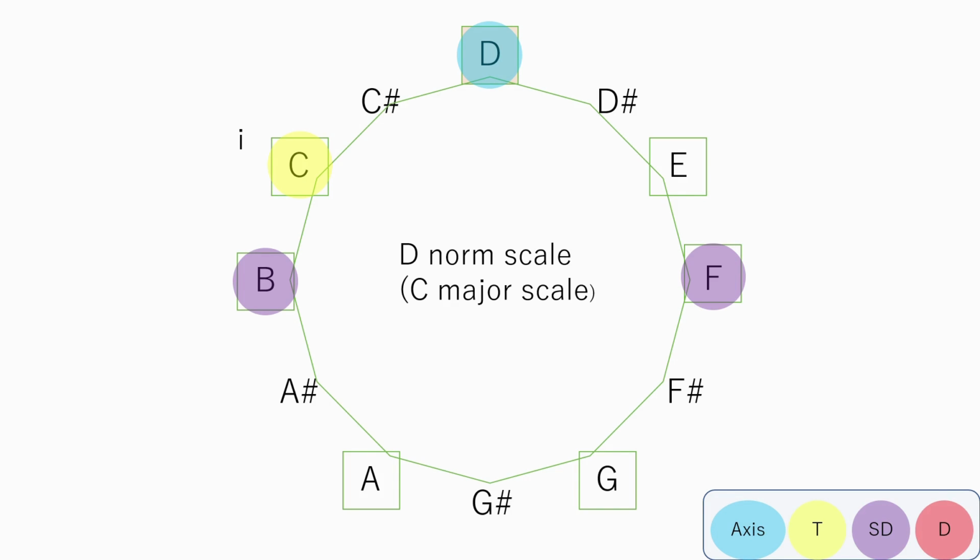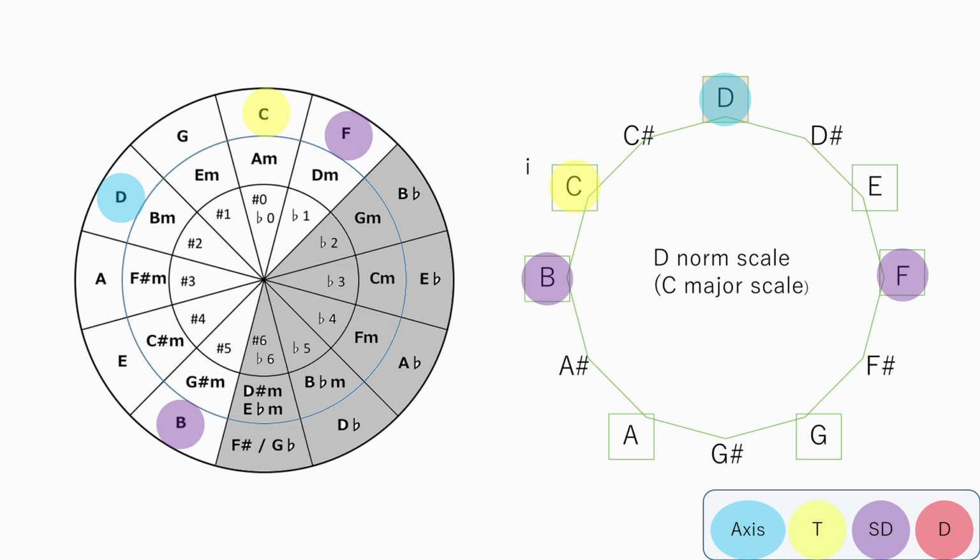Again, B and F are diagonal with D between them in a characteristic arrangement. If we line up the circle of fifths and semitones, B, D, and F are in the most distinctive positions, while C is just one of the constituent notes of the major scale.